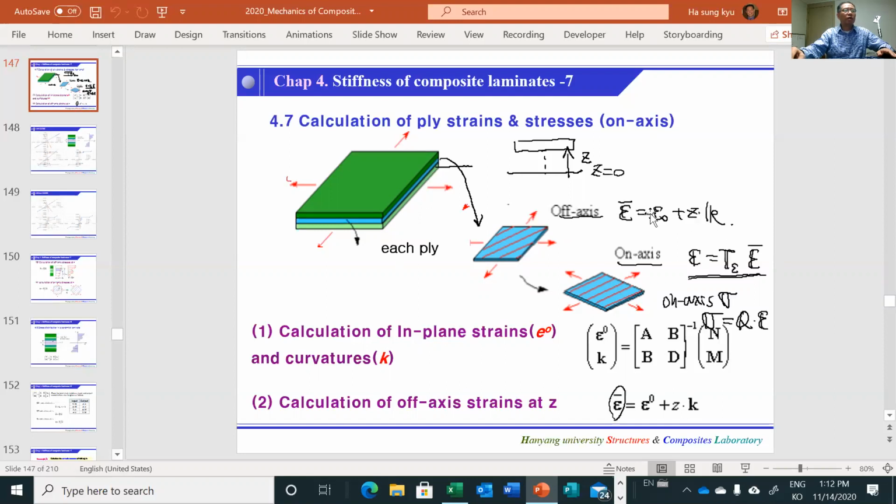So we have a 3-component in-plane strain and 3-component curvatures, and for the given load N and M, we derive all the theory, and we come up with the ABD matrix. So all we need to do is just invert and multiply this matrix by the given load, and we get the in-plane strain and curvature. And now we are able to get the strain of each ply.